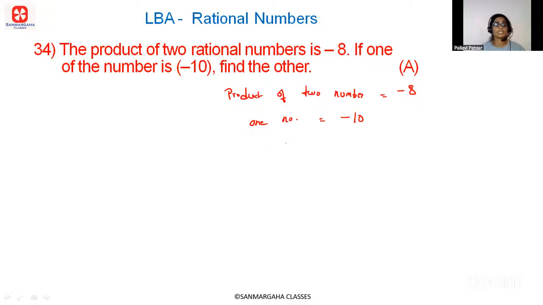Let us take this unknown number as x. According to the problem, the product of these two numbers, minus 10 into x, is equal to minus 8. So this is the equation we get.